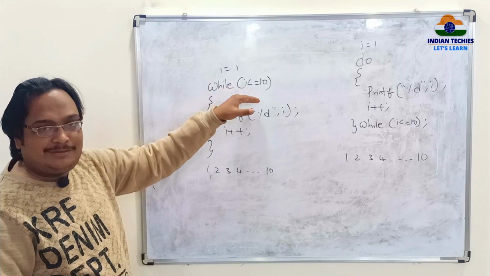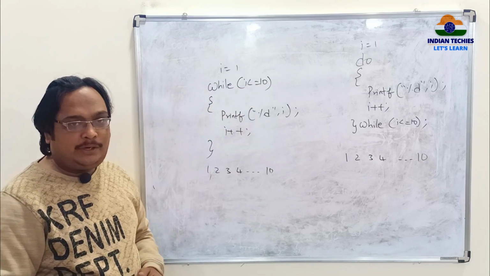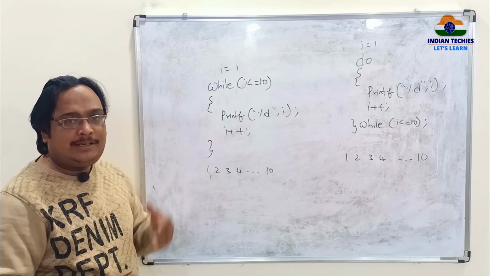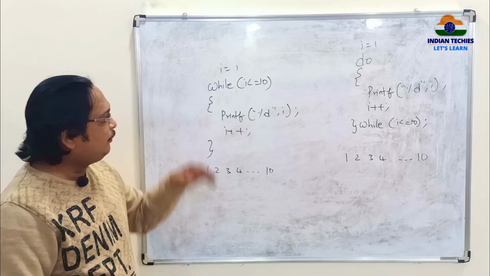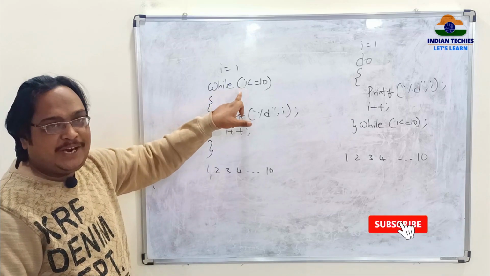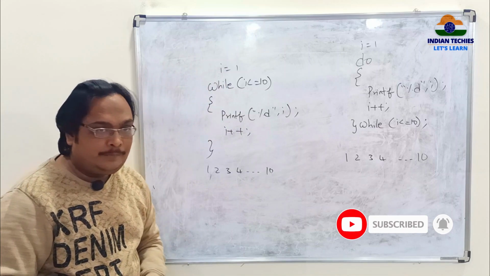Because to evaluate this condition, i must have some value. That cannot be done inside. Later you can use the increment i++ for the next value, but what would be the initial i value? So initialization for the while condition definitely should be done before the while.